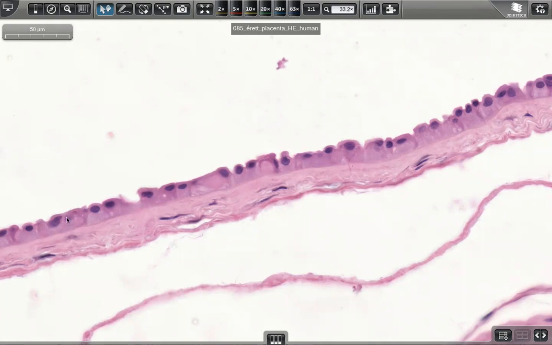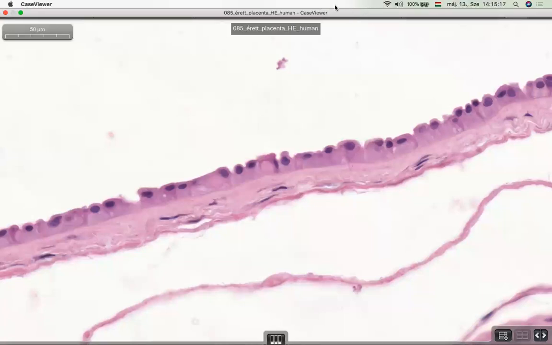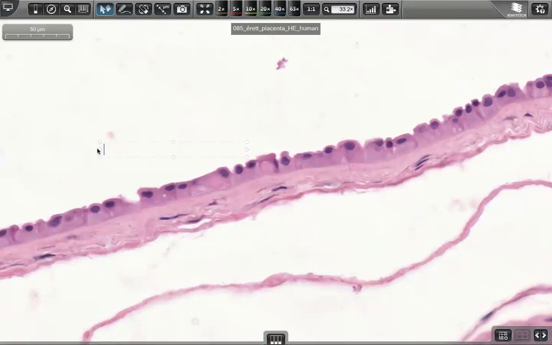So the amniotic cells are covering the fetal side, amniotic cells, you remember. And underneath the amniotic cells we can find the amniotic mesoderm, so this kind of connective tissue, but it's an artificial gap.